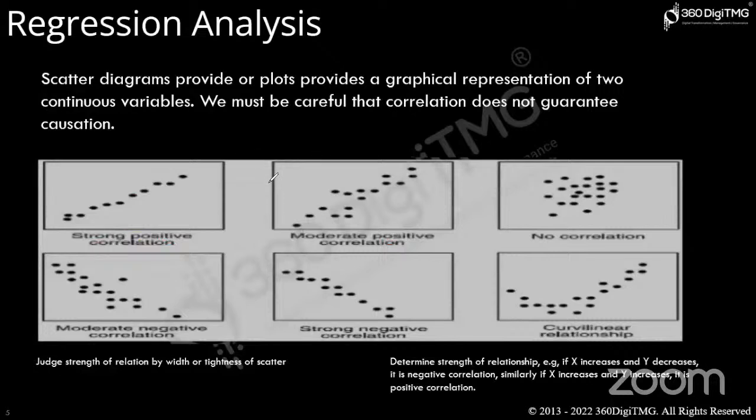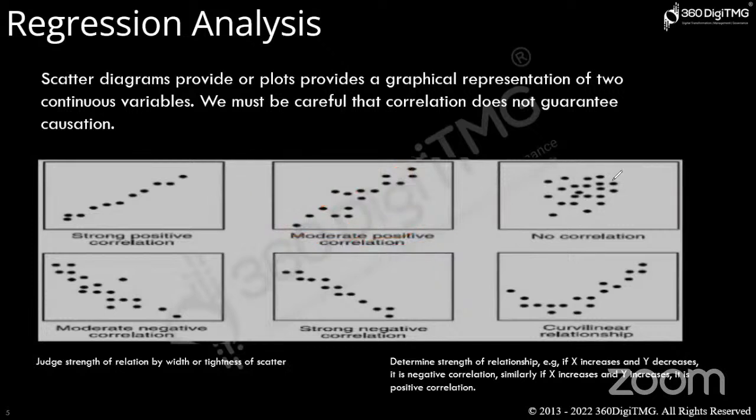Whenever it is positive but not that strong, it is a moderate positive correlation. It is increasing when you increase any one of these, so it is positive, but not strong.